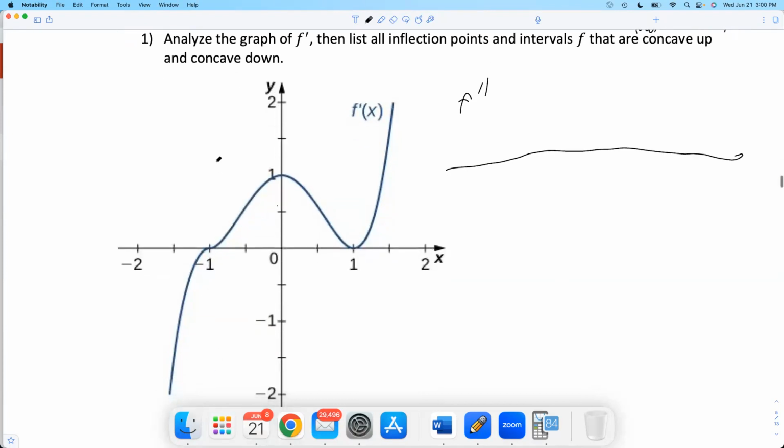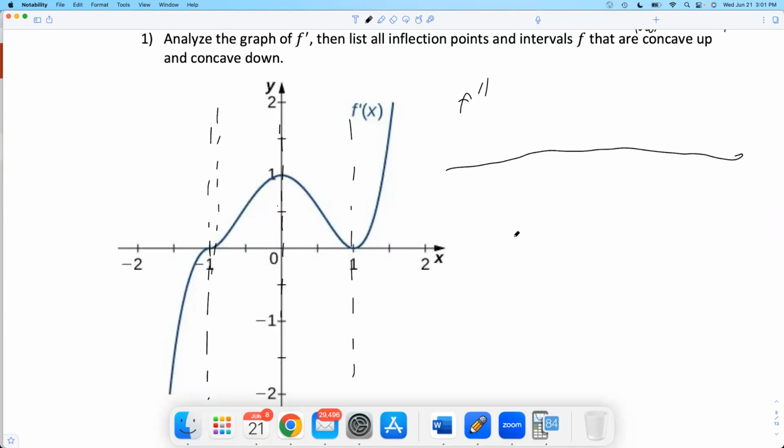So this graph here, let's separate it into all of its increasing and decreasing regions. So I'm taking the derivative of this. This is increasing, but I have a horizontal tangent line right there.